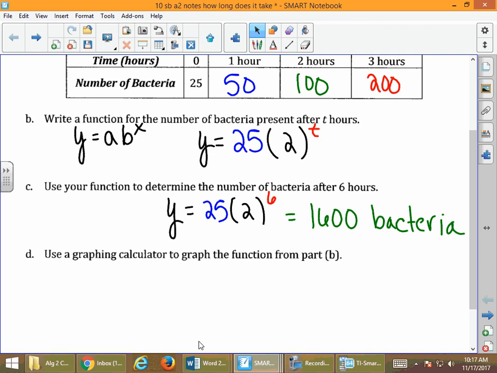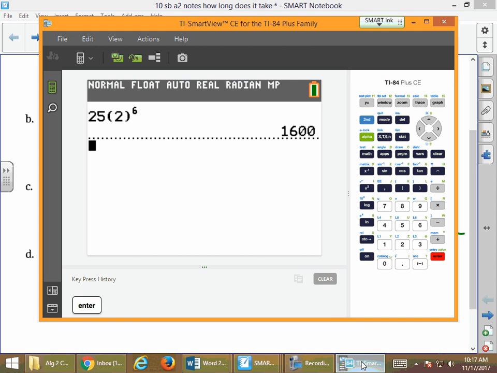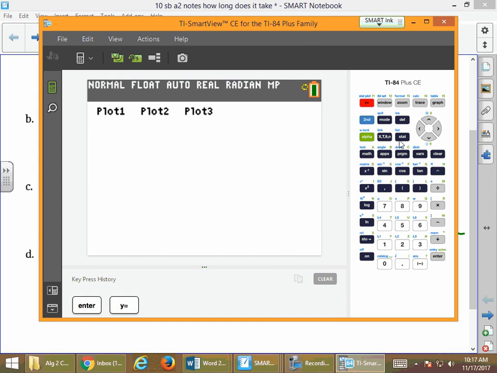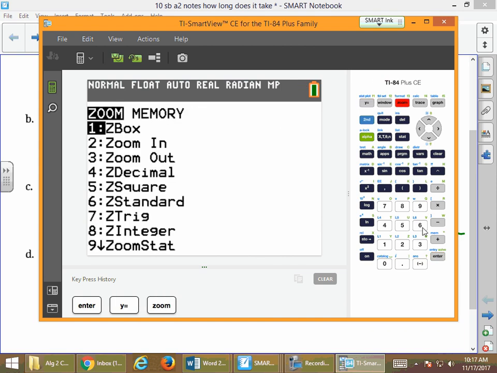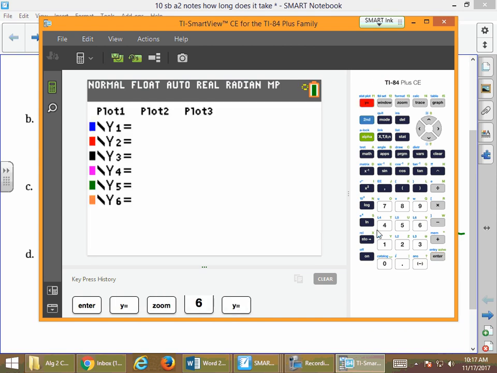But it says, using a graphing calculator, let's graph the function from part B. So we're going to go to y equals, maybe. And we're going to type in 25 times 2 to the t. We're not going to type in with the t, that's going to give us a horizontal line.